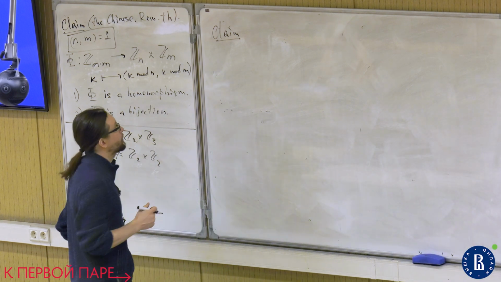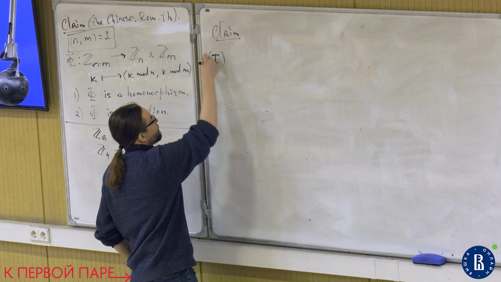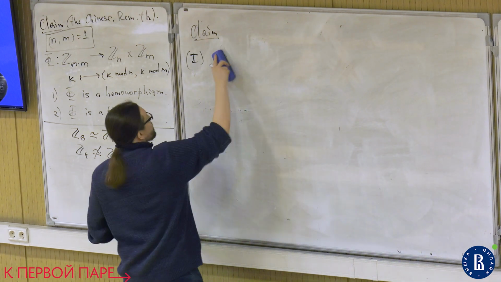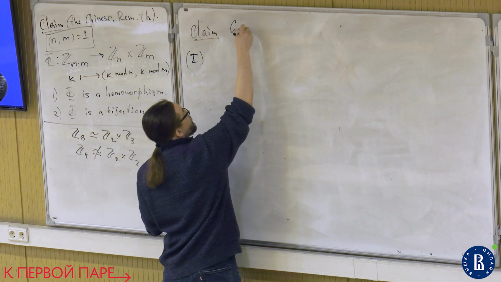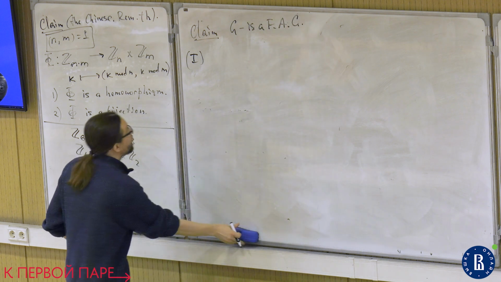And there are two different ways to classify finite abelian groups. The way number one: let G be a finite abelian group.